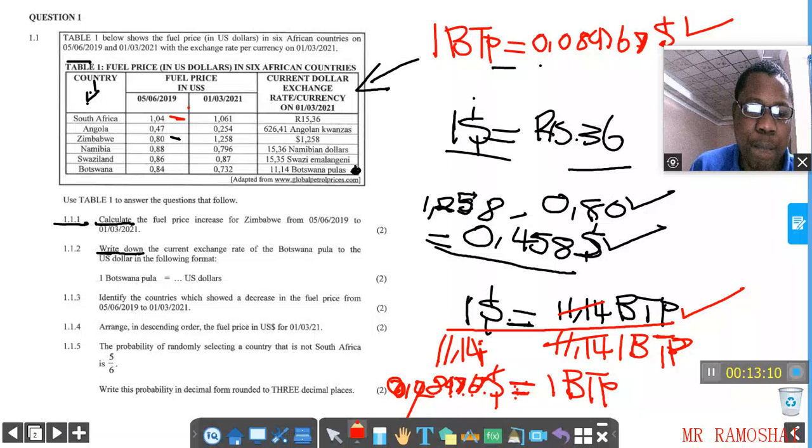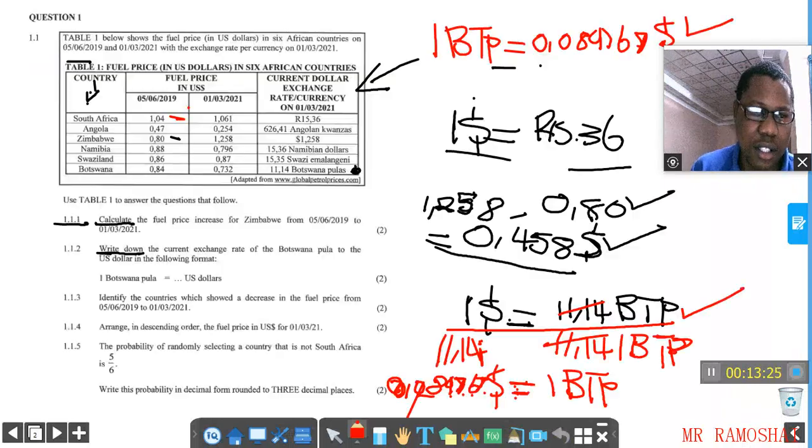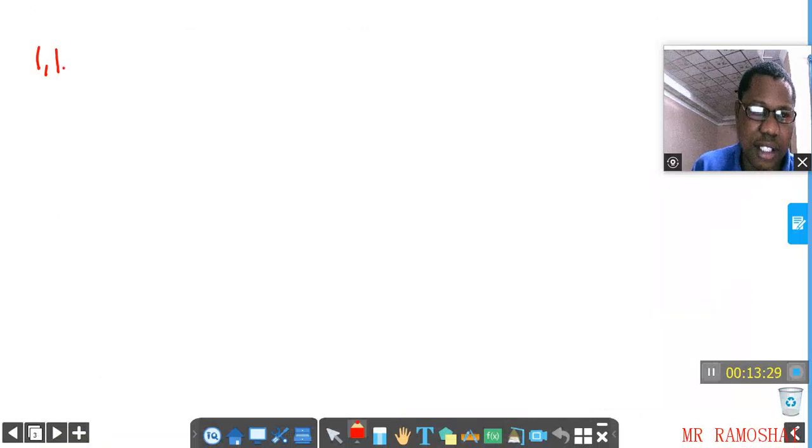Let's look at Angola. The price was 0,47, now the price is 0,254, right? So that means a country that showed a decrease, we can talk about Angola as our first country.